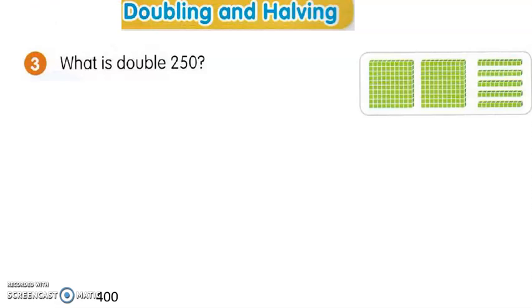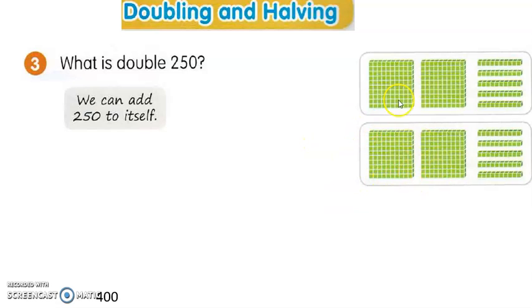And making the double of this number means we add the 250 to itself. So we added the same number here. It was 250, and we add one more 250. So the total will give us the double. So 250 plus 250 equals 500.